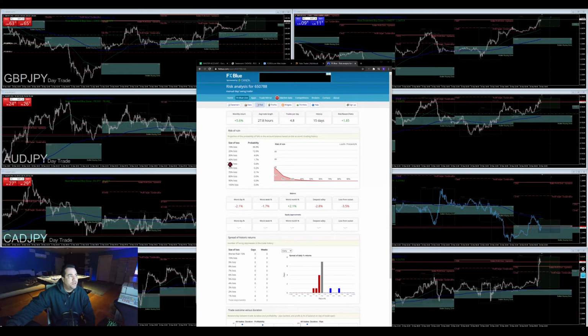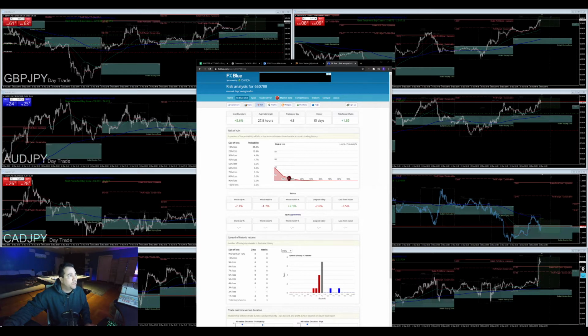Now, these are brand new stats going into FX Blue, and I really like this risk chart. Again, this is only 2 weeks worth of data, so we had that big drawdown, 2.8%, from all those losses in a row.